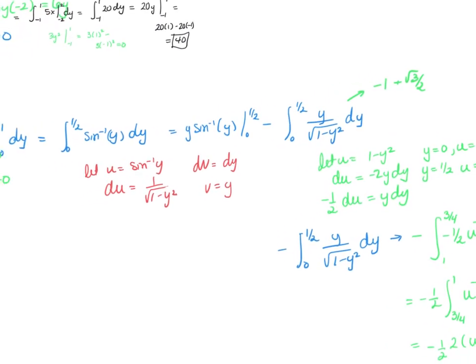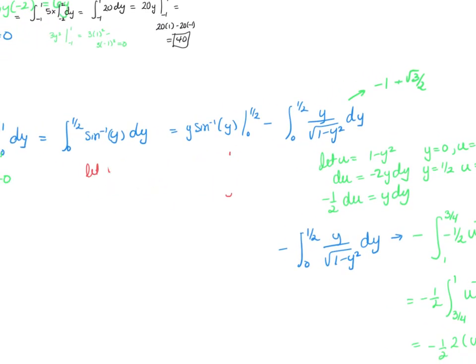We do need to evaluate this, so let me do this evaluation down here. This evaluation is going to be 1/2 the sine inverse of 1/2, but the sine inverse of 1/2 is pi/6, so 1/2 times pi/6.